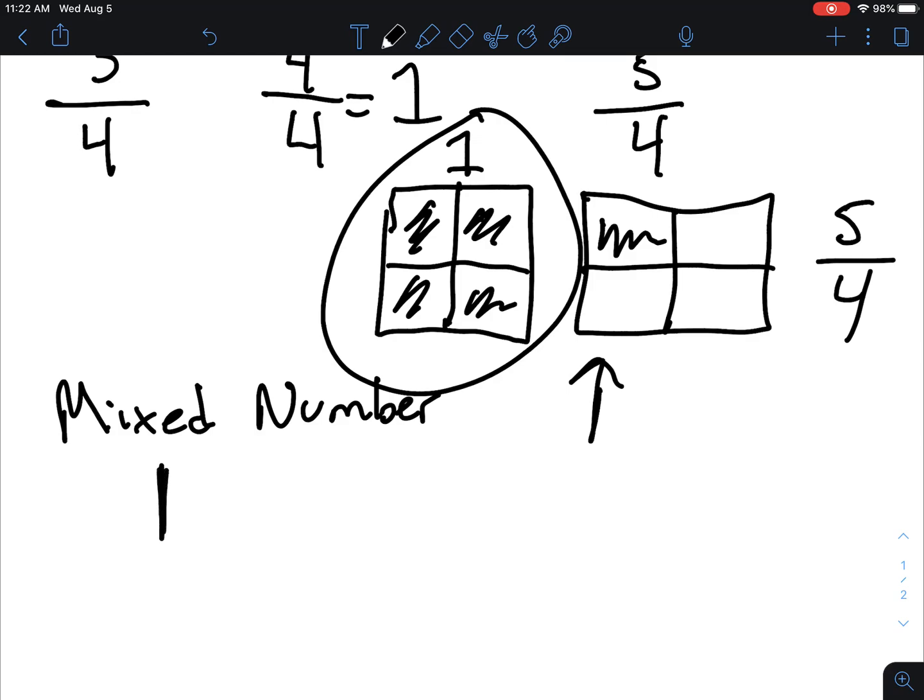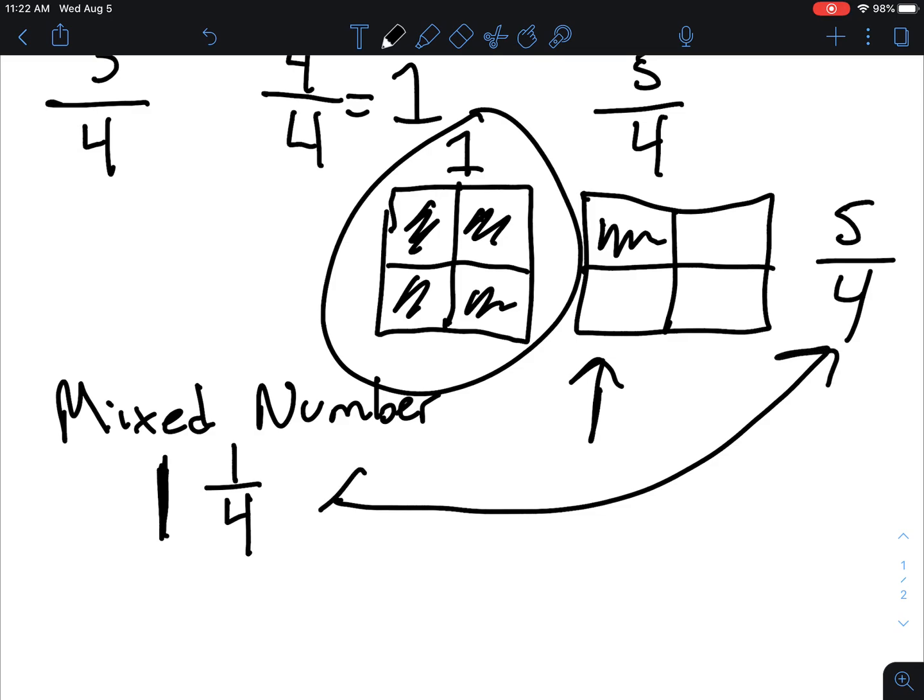Because I ate 1 whole pizza and I ate 1/4 of the other one, right? So 1 and 1/4 is how much pizza I ate, but it's the same as 5/4.